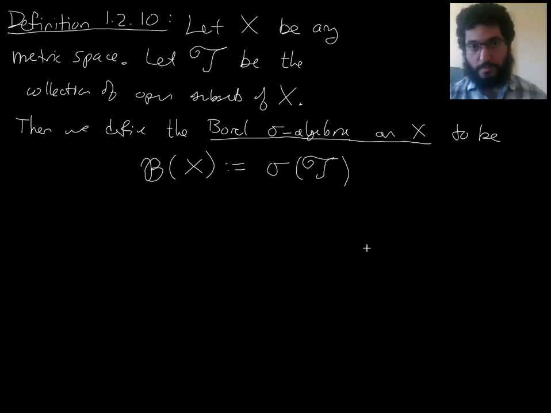So if you use the word measurable to describe the idea of being in a sigma algebra, then the Borel sigma algebra on X is the one generated by the declaration that all open sets are measurable.